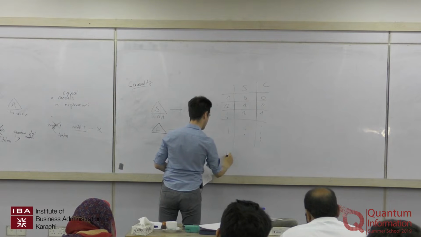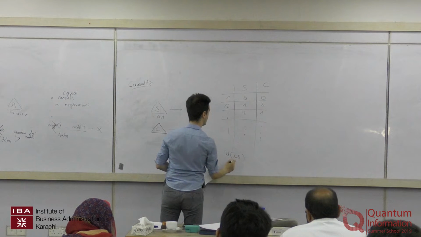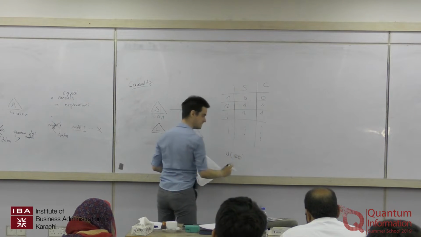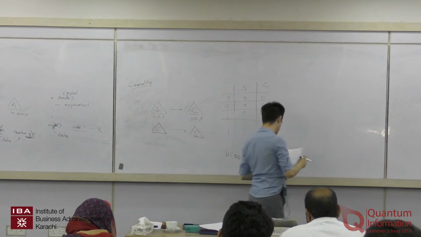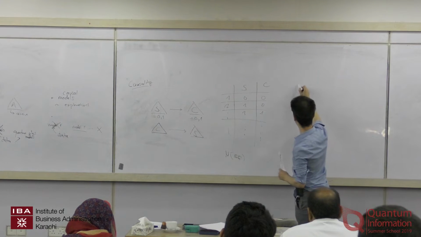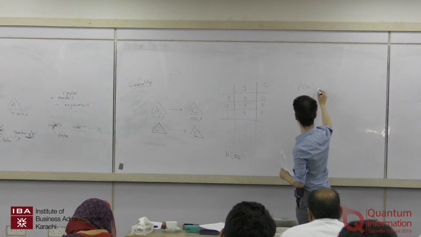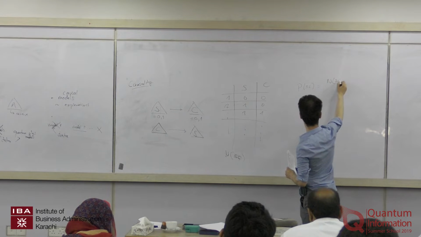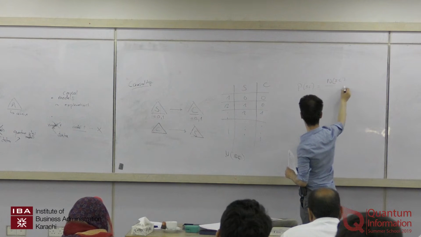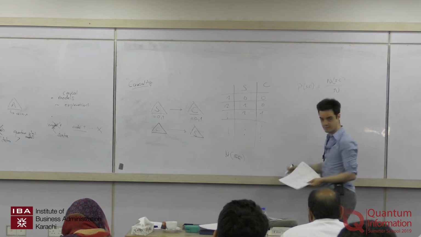Then I can count how many of S and C I got. Based on that, I will estimate some joint probability of S and C. It's the number of events for each of those values divided by the total number of samples that I have.